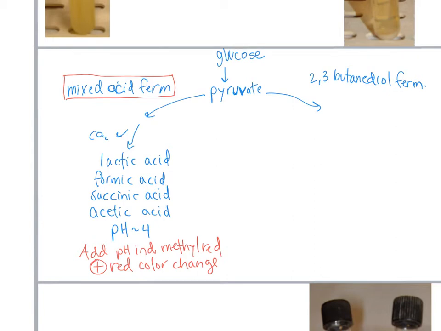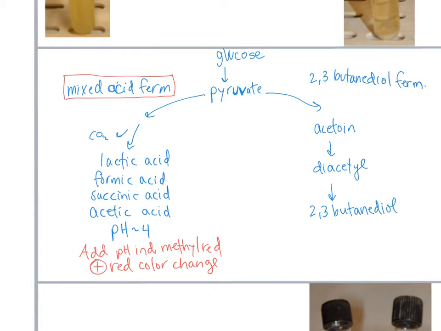Okay, the 2,3 butane diol fermentation. With this pathway, there's a couple of intermediates that I want to mention, acetoin and diacetyl, and then the end product is 2,3 butane diol, and thus the name of the pathway.